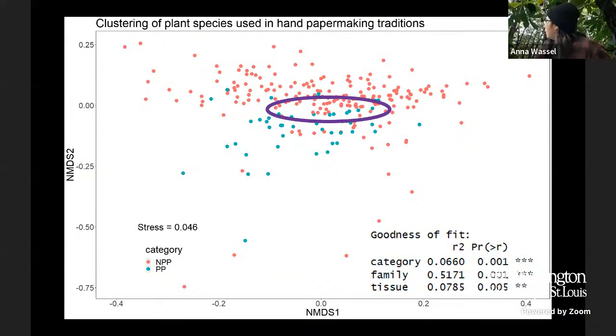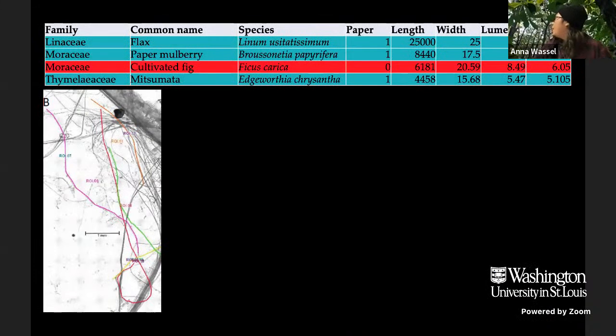What's interesting is that we have this kind of interface where paper plants and non-paper plants meet in this ordination space. And I want to investigate that a little bit more. So in that binder, there's some paper I made from cultivated fig, and I also measured it under the scope. The fig is shown in red, and you can see those 4 metrics shown in microns in that table up there.